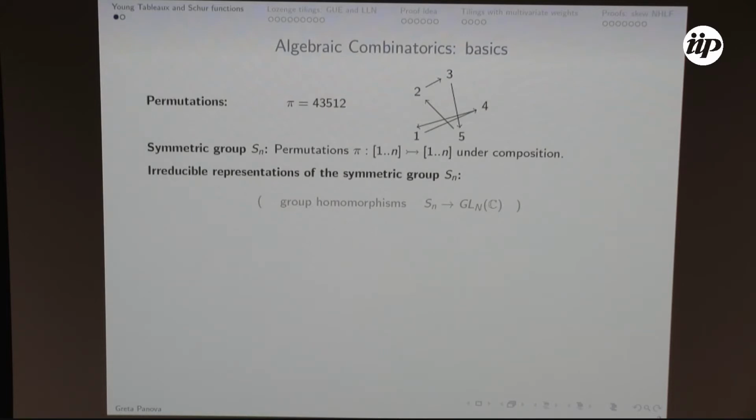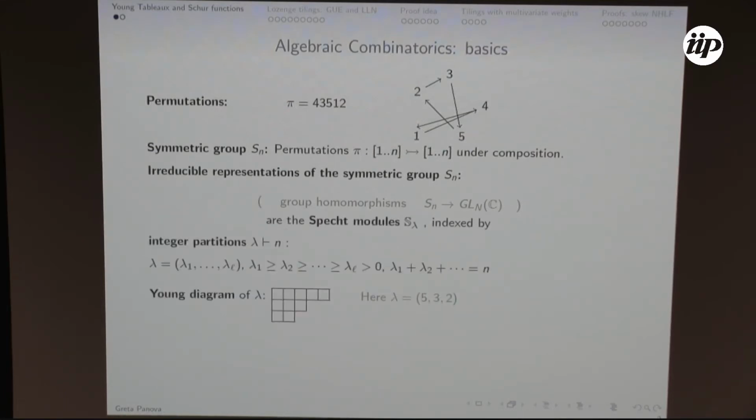So using these permutations, they form a group under the composition of permutations. This is the symmetric group. And then one can study the representation theory of this symmetric group, and so you use representations all the time, although we probably prefer the algebras. But for the symmetric group, the irreducible representations are indexed by the integer partitions of n.